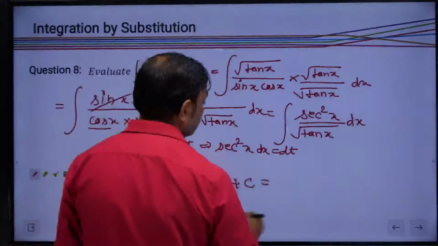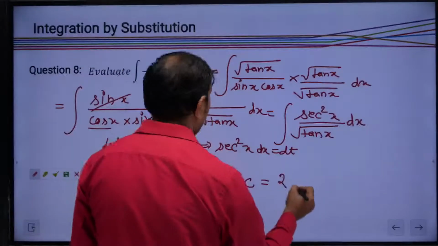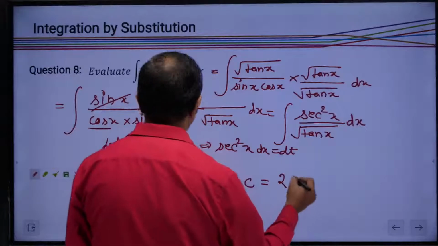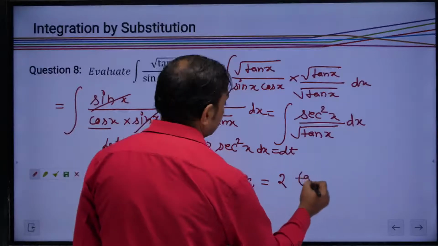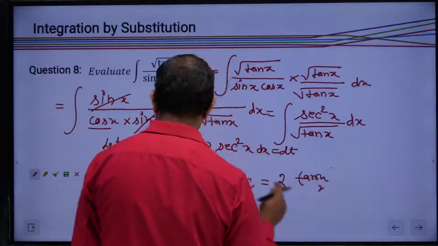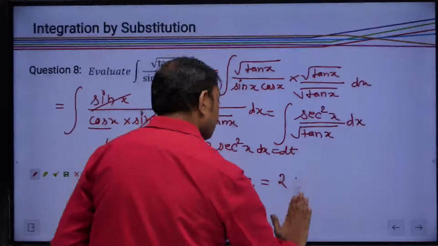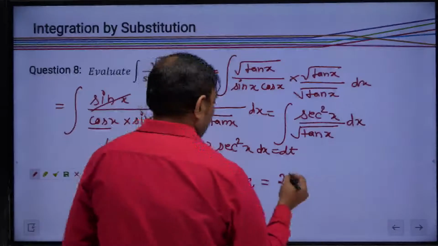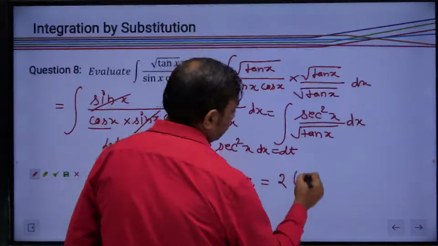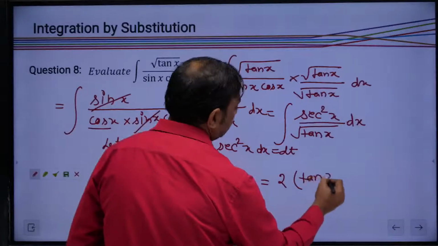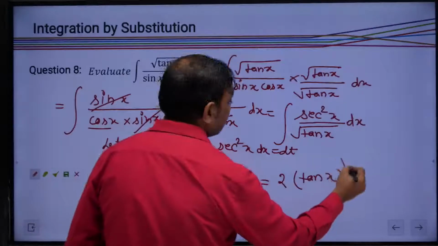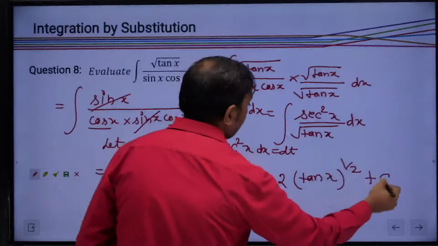So we have the answer with us, 2, and my t was assumed as 10x, sorry, tan x. This is t we have assumed, and the power is 1 by 2.